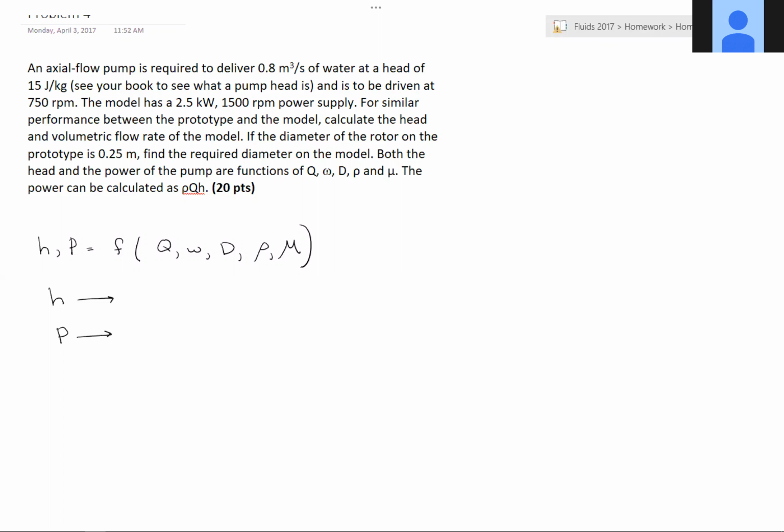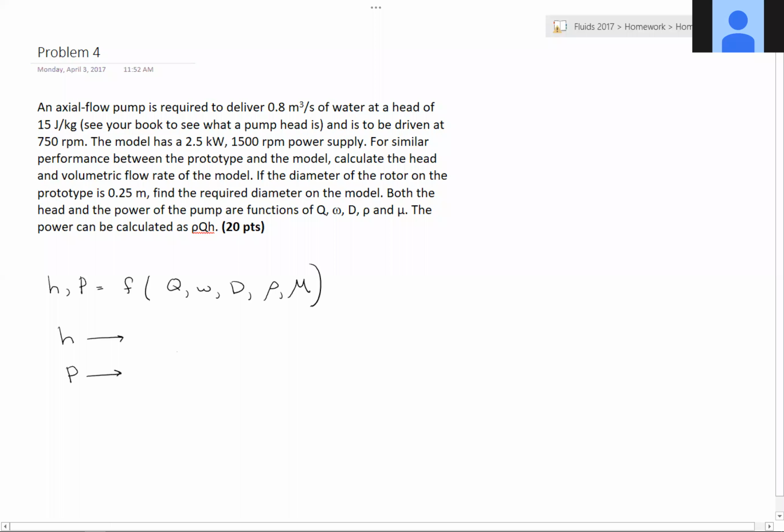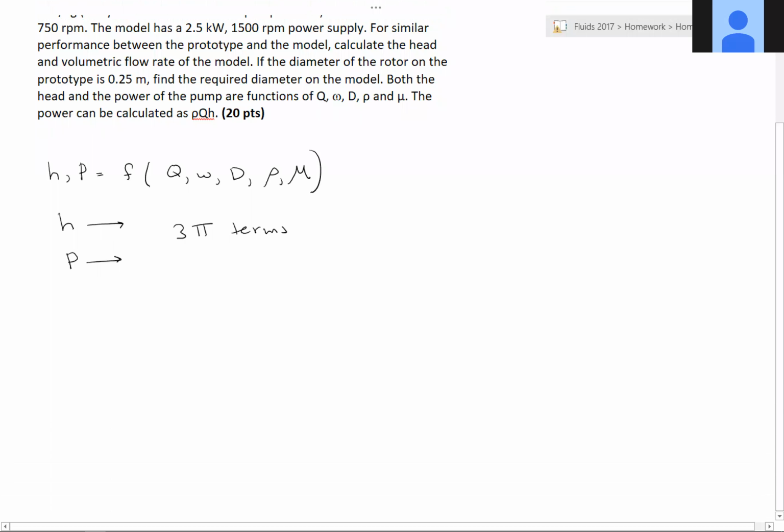So yes, for both of these, you need 3 pi terms. The good news is that they are very similar to each other. I mean, the bad news is that you have 3 of them. The other good news, and for this, note that I didn't say find the pi terms.